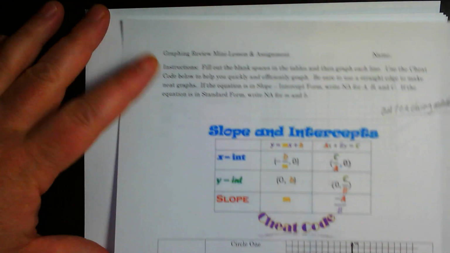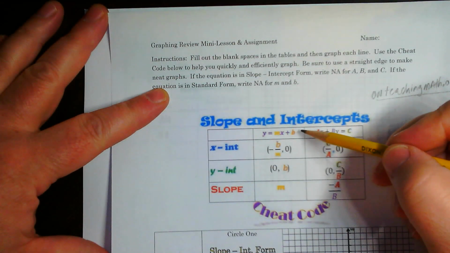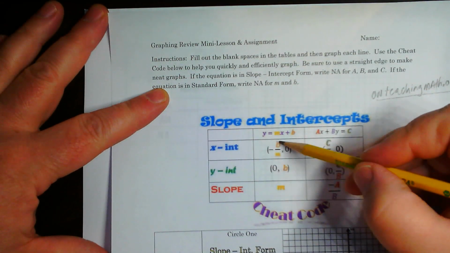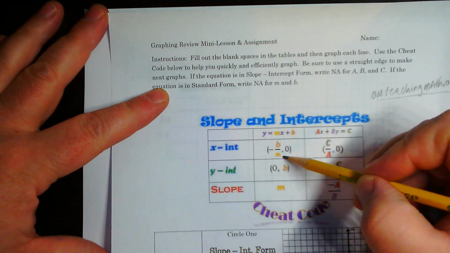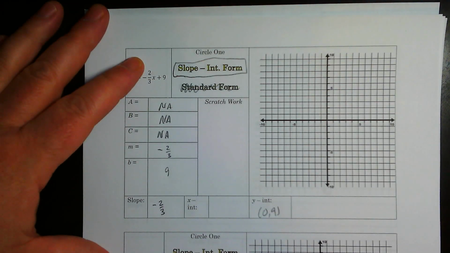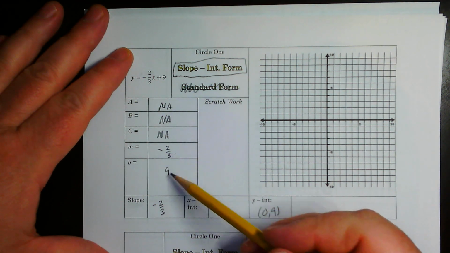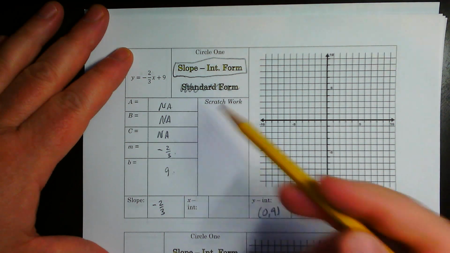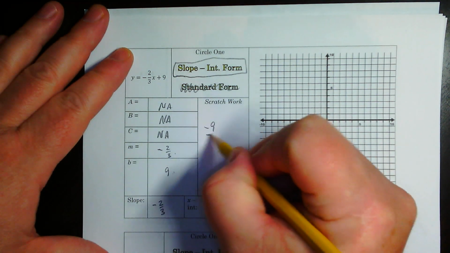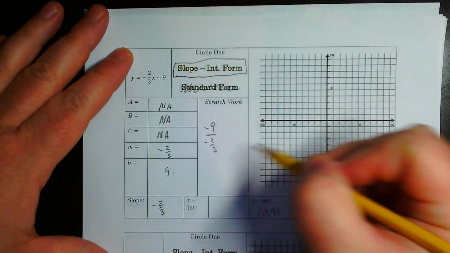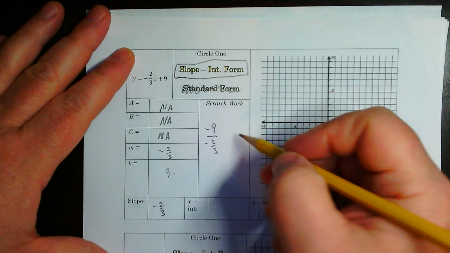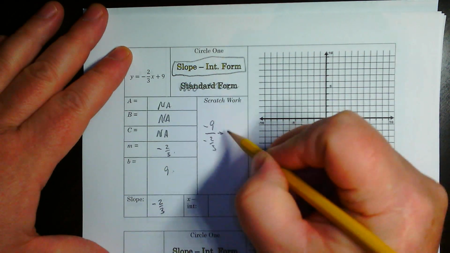Now our x-intercept. When you're in slope-intercept form, our x-intercept is negative b over m. So it's going to be the opposite of b over m. So that's going to be negative 9 over negative 2/3. Now this is a pretty ugly one right here. But I don't know if you remember how to do this. This is being divided.